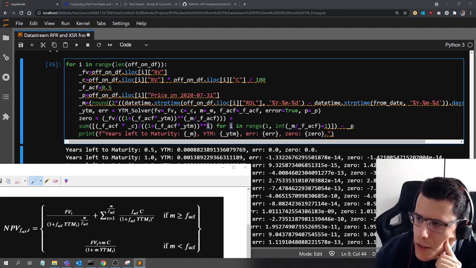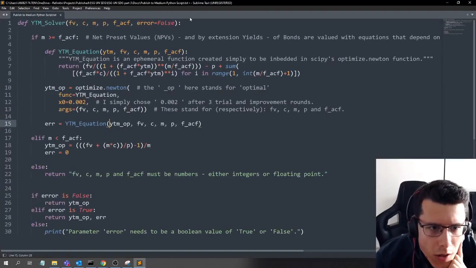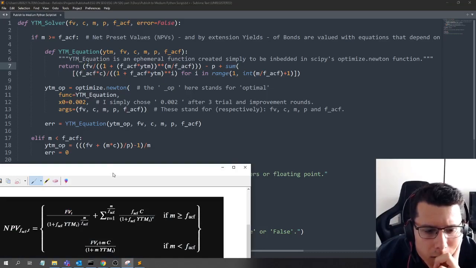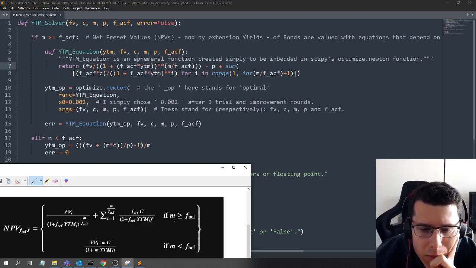Face value. So this is the equation I'm looking at. This is the code I'm looking at. I've got my face value, 1 plus frequency times yield to maturity. The 1 plus blah blah blah is all to the power of m over f. Makes sense. I've done the minus p in the middle, it doesn't matter where you put it.